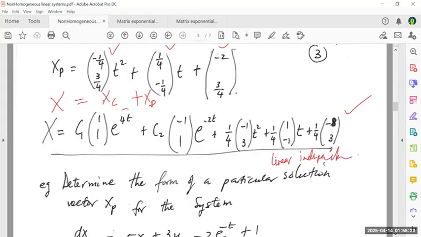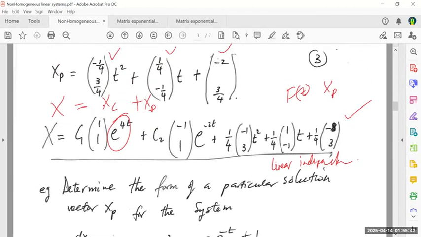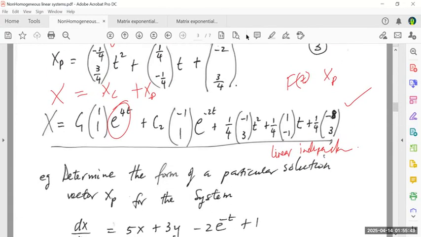So in other words, if, for example, e to the power 4t appears in f of t as well, then you need to make sure that xp is linearly independent by multiplying by an additional t. But I will show you why that will bring a different formalization.